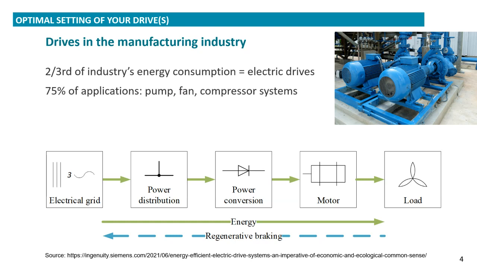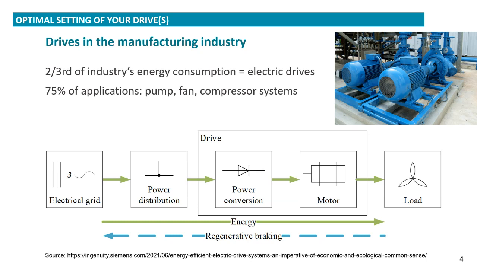Energy flows from left to right or potentially back again through regenerative braking. And the drive, the content of this presentation, is the combination of the power conversion, typically using power electronics, and the motor. And roughly 2/3 of industry's energy consumption today is consumed by these electric drives.